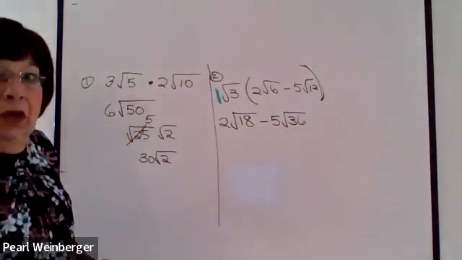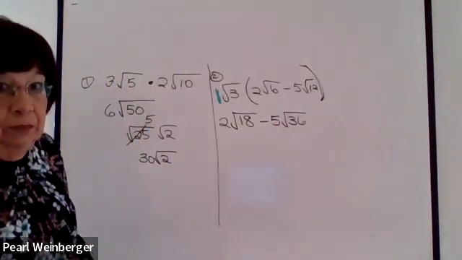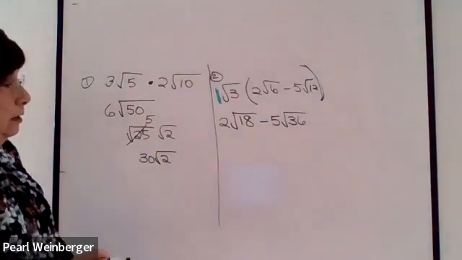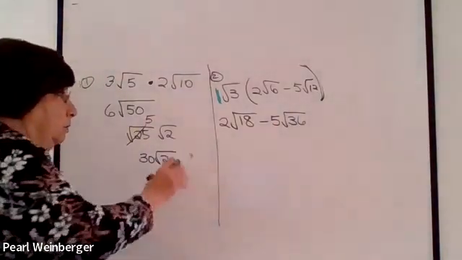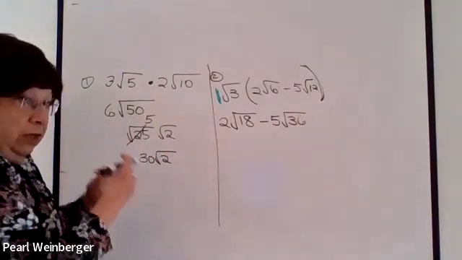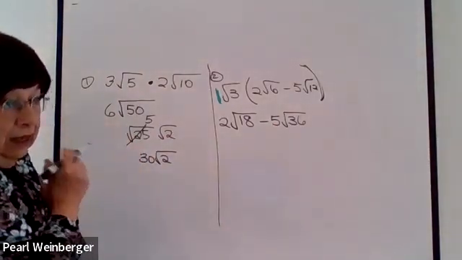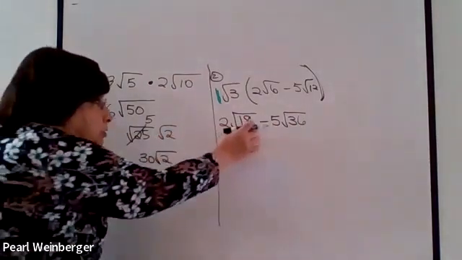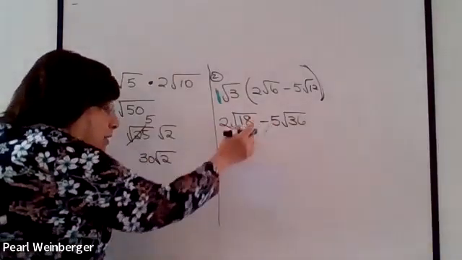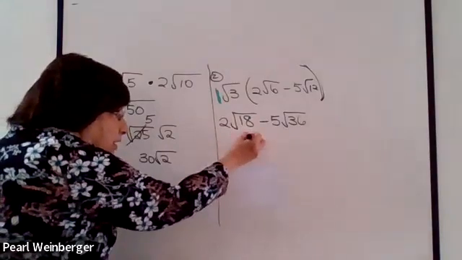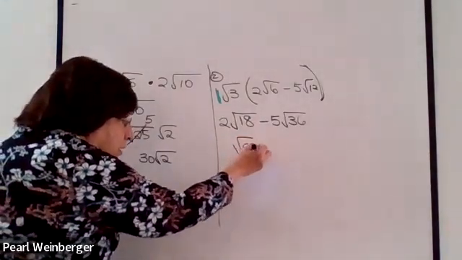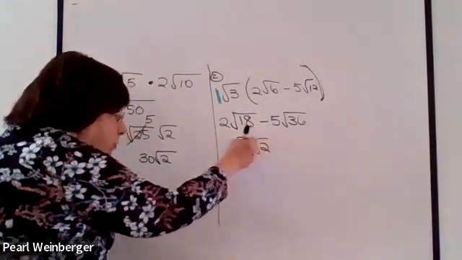Now we're going to try and simplify as much as we possibly can. Notice we do the simplification at the end because once we multiply, we might get things that can be made smaller. And the square root of 18, we certainly can simplify into the square root of 9 and the square root of 2.